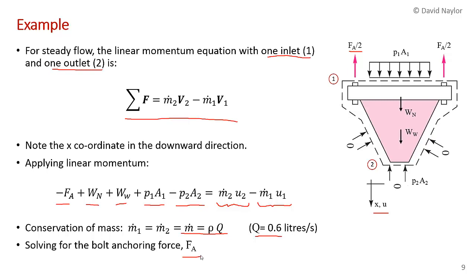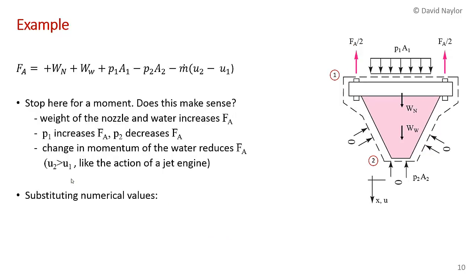So solving this equation for FA, I'm just going to move it to the other side of the equation, and we get this expression. So FA now equals this expression. I've just isolated FA. Let's stop for a moment and check before you start substituting numbers in. Check that this makes sense, right?